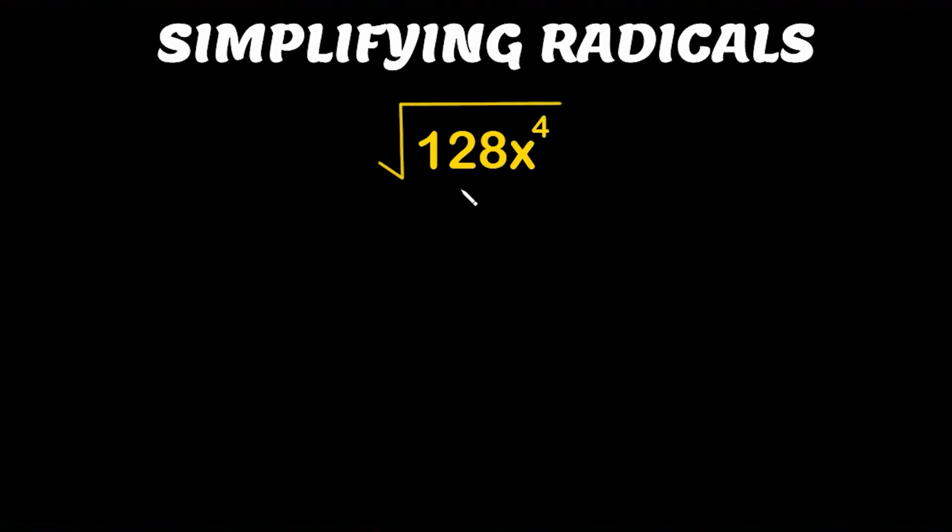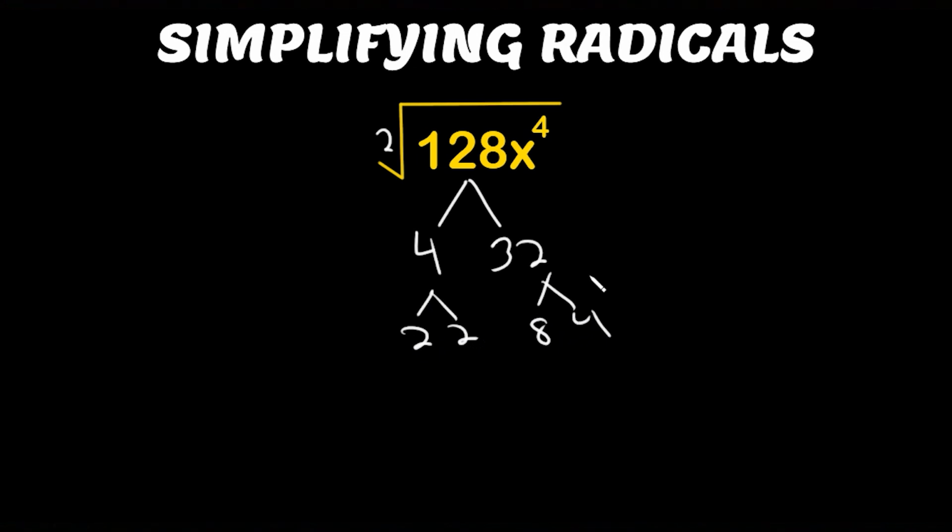So here's our next example. Let's go ahead and just go for it. Again, we do have another variable here. We'll save that for the end. And I do have an index of 2. I'll go ahead and write that in. So I need 2 numbers that when I multiply will give me 128. So I can use 4 and 32 here. And this will break down to 2 and 2. This will be 8 and 4. I can keep going here. 2 and 2, 4 and 2, and then 2 and 2, okay?